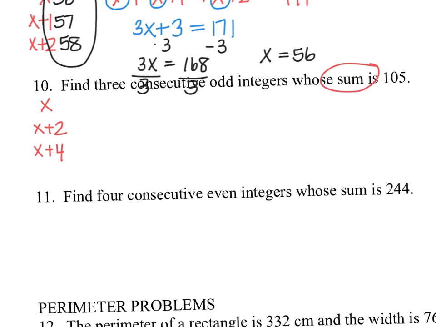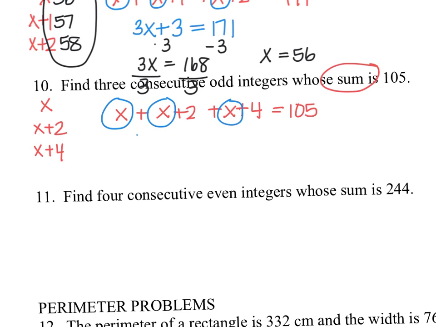Now we want to add these up: x plus x plus 2 plus x plus 4. That's going to equal 105. Again, combine like terms. x and x and x is 3x. Plus 2 plus 4 is 6, gets us 105.